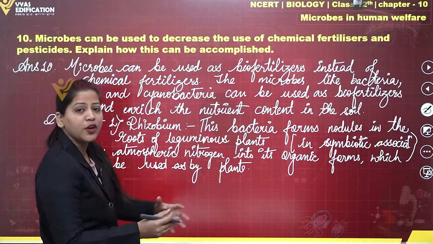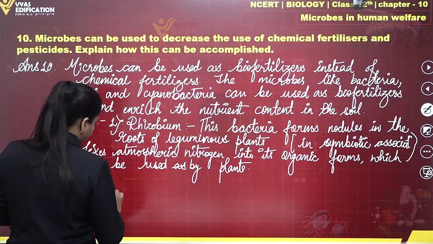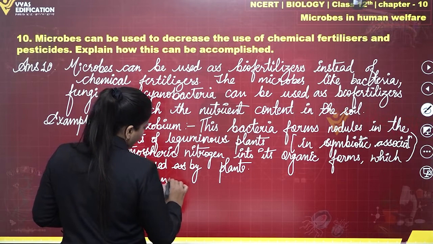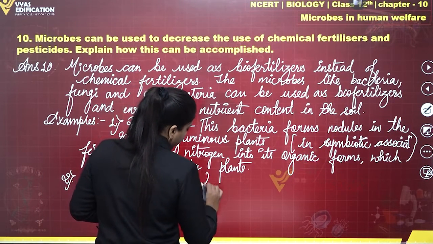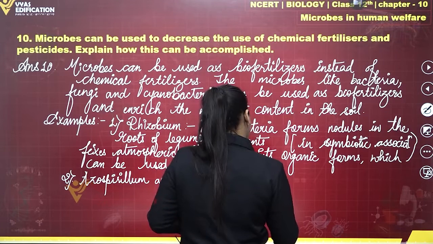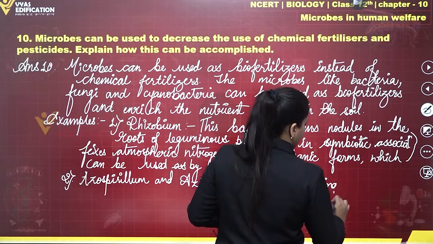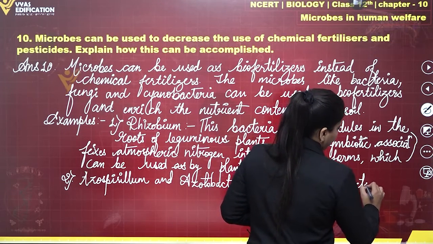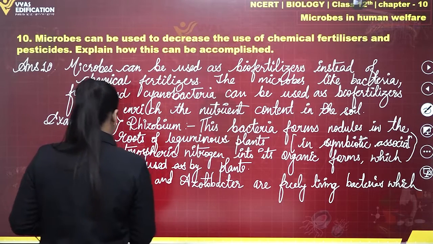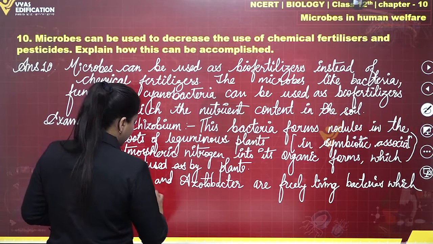The next examples are Azotobacter and Azospirillum, which are also examples of bacteria. Azospirillum and Azotobacter are freely living bacteria which also fix the atmospheric nitrogen.